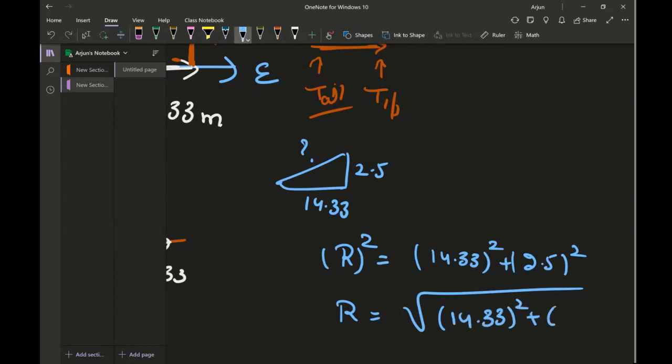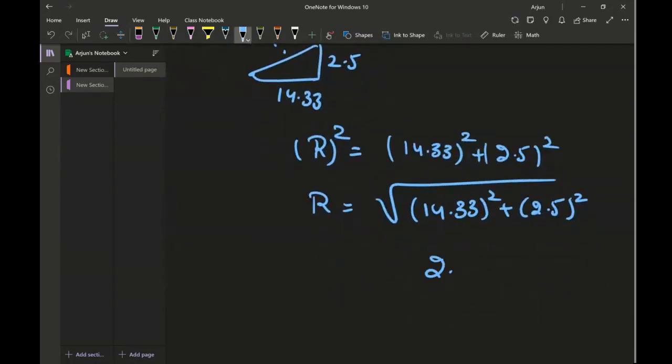14.33 square plus 2.5 square. And if I do the math on my calculator, 14.33 square is equal to 205.3489 plus 2.5 square, which is equal to 6.25.